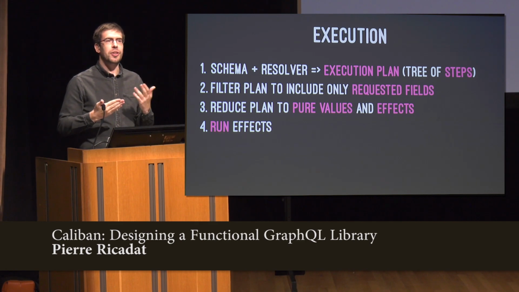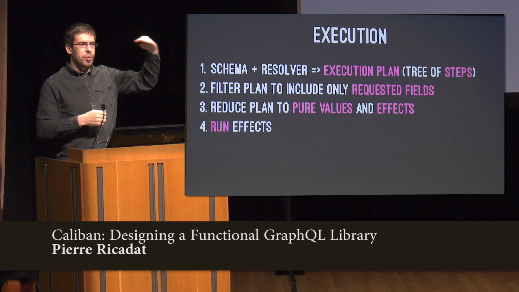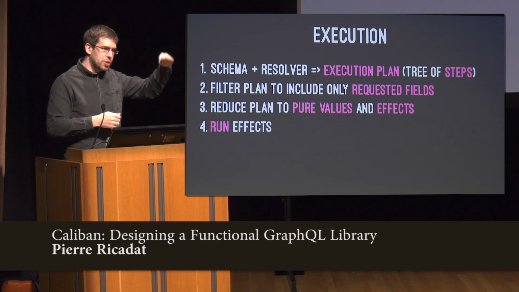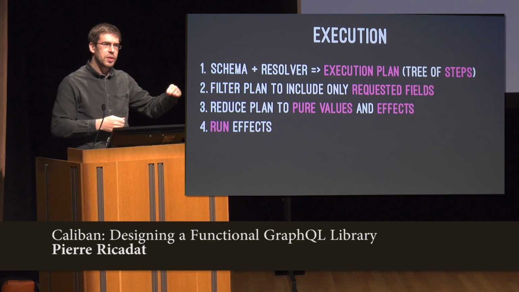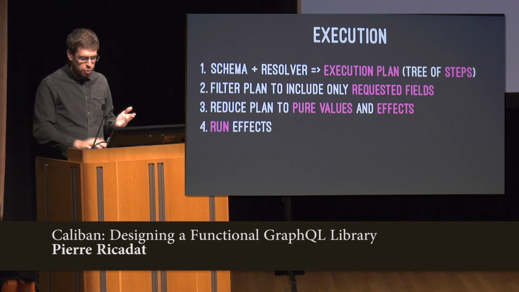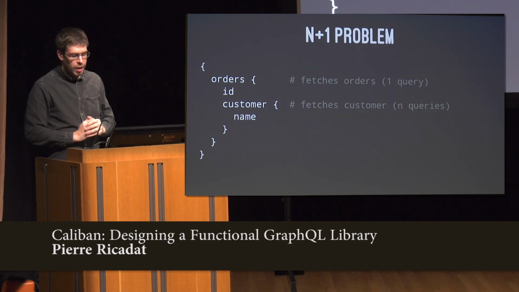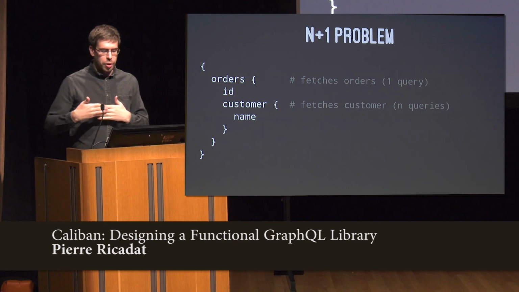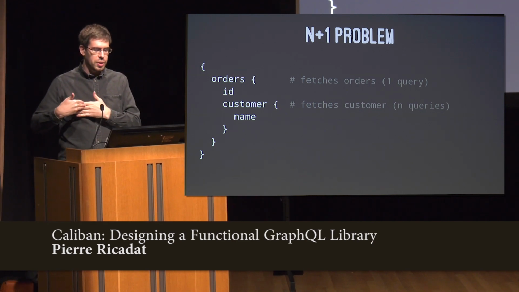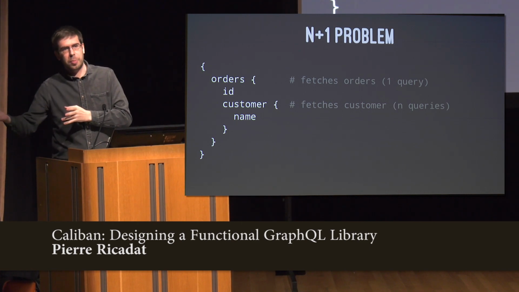If we run the effect in a naive way, we just fold the tree from the top, and then when we run into an effect, we run it, and then we continue, we find another effect, we run it. That works, but it's not the most efficient. And you quickly run into a common problem, which is this problem. Let's imagine you have a query and you request a list of orders. And then in the back end, you call the database to get the orders.